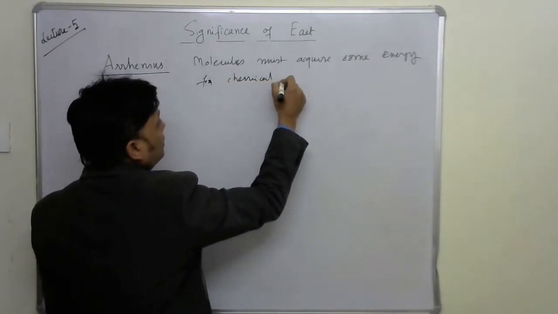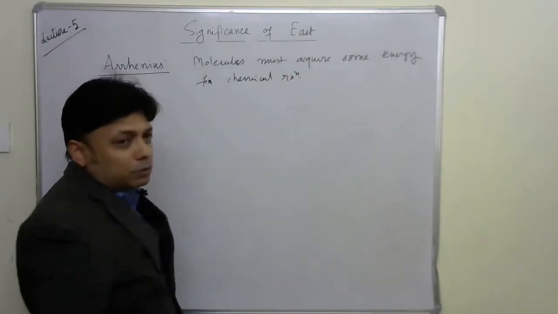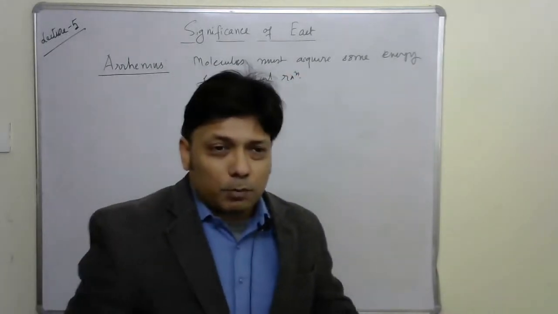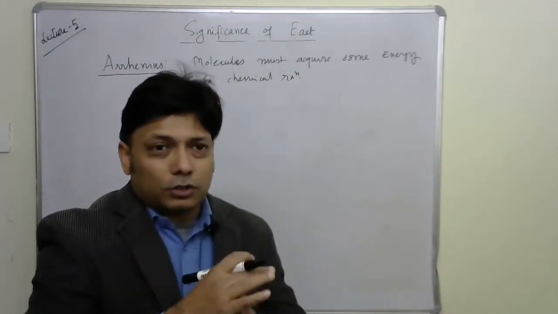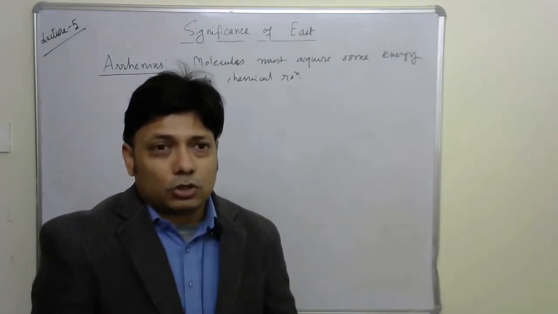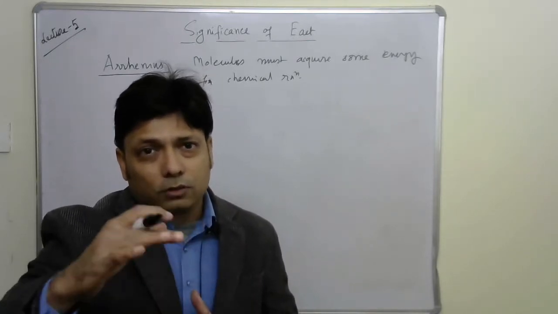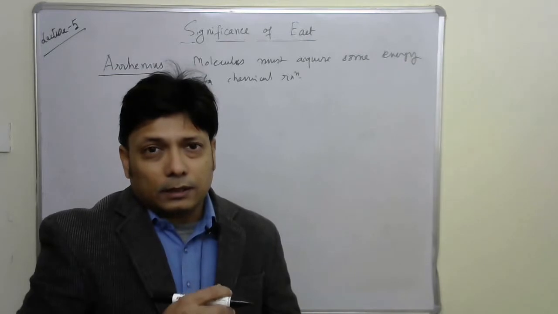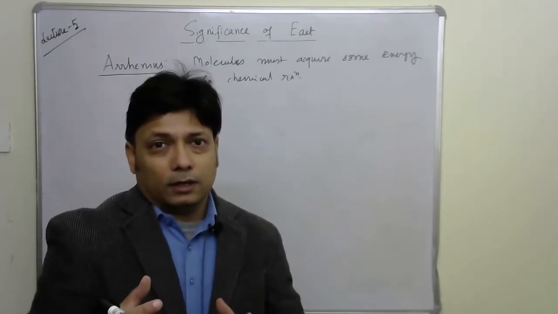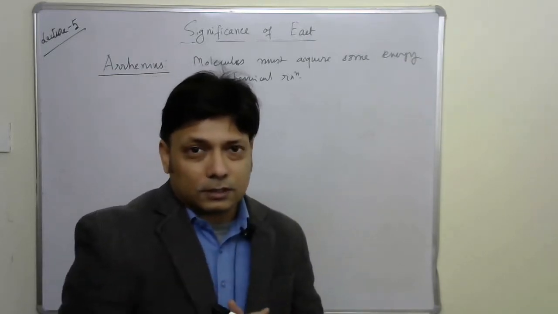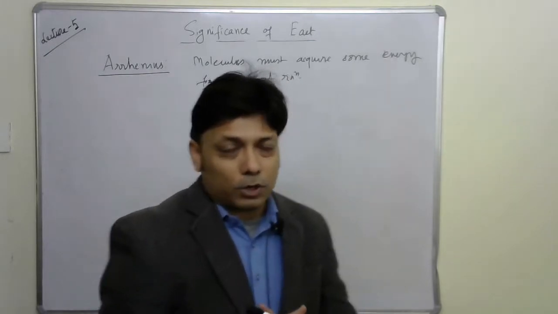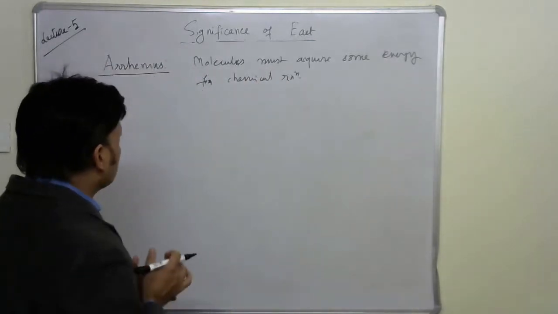In other words, the molecules must be activated. It must contain a certain energy, and that energy acts as a threshold. Once the molecules reach that threshold energy, they can be qualified for the next level of transformation, or basically the chemical reaction.